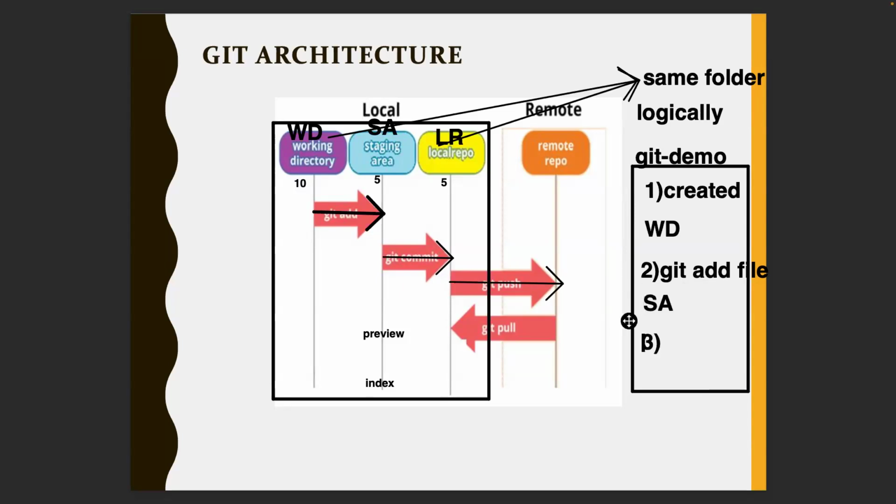And then let's say you run the command git commit, then these files will be said to be in local repository. But all of that is the same folder, the git demo folder or project folder, whatever project name you may give to your folder. So it changes with respect to how the files are moving between working directory, staging area, and local repository. Physically, it's the same folder, but logically, that's how it is different. Understood?